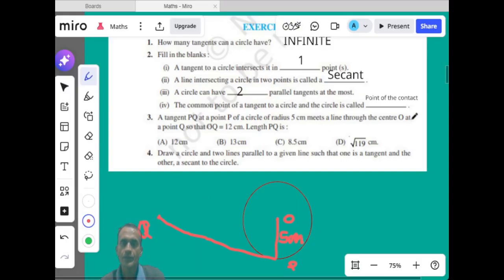And OQ is a line which passes through the center of the circle. OQ is 12 centimeter.